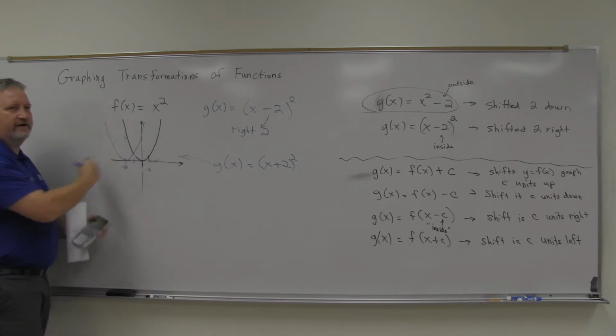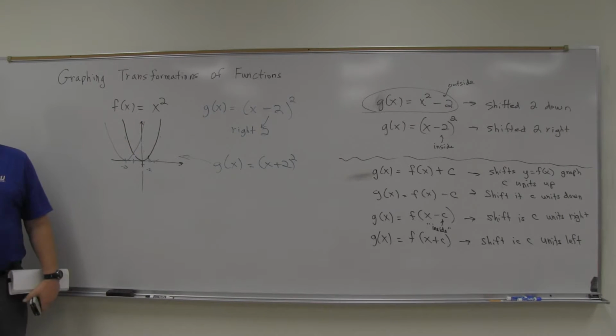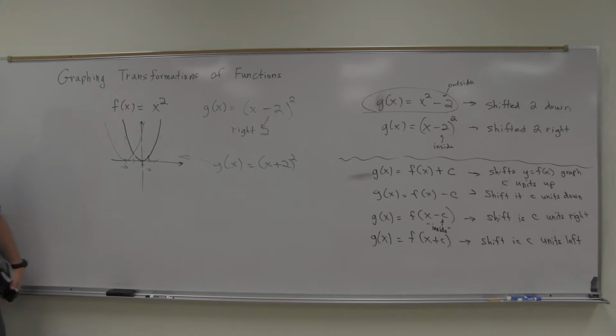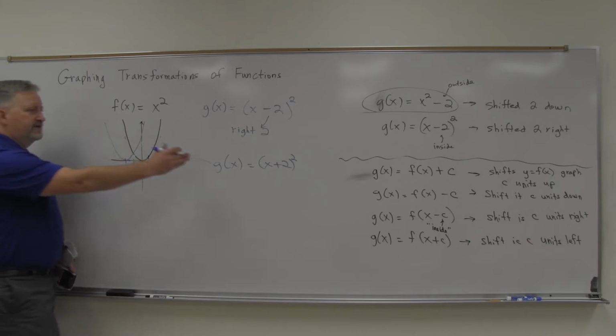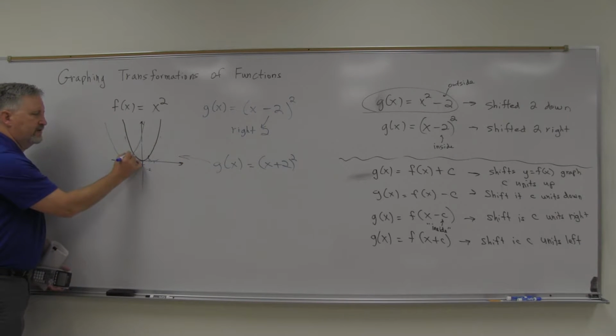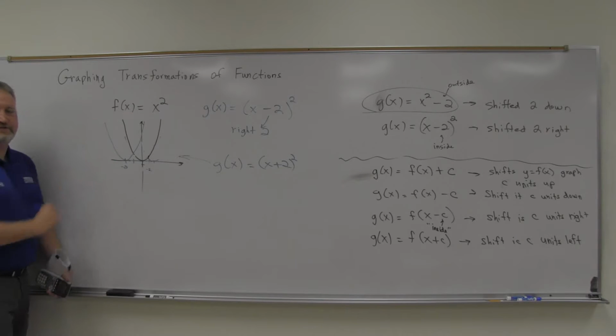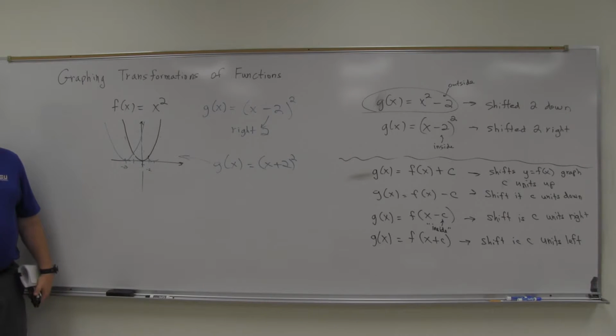It's taken x squared and gone 2 to the left. That's probably not what we would originally think, but based on the graph, the graphing calculator shows that x plus 2 squared moves everything 2 units to the left. So you've got to keep that straight. It goes opposite of what you might think.